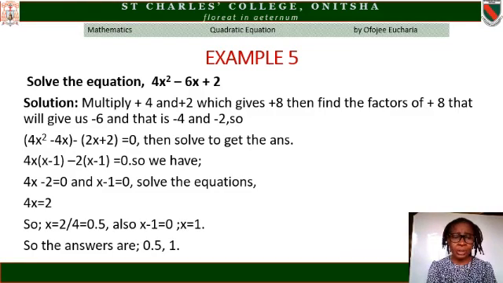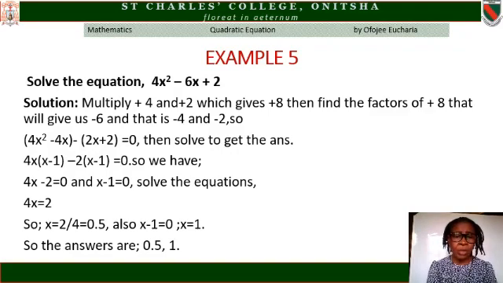In example 5, we are asked to solve the equation 4x squared minus 6x plus 2 equals 0. In the solution, you can see that 4 is the coefficient of the highest power of the unknown, which is x squared. And so we cannot go directly to plus 2. Instead, we multiply 4 and 2 to give us plus 8. Then we find the factors of plus 8 that must give us minus 6.